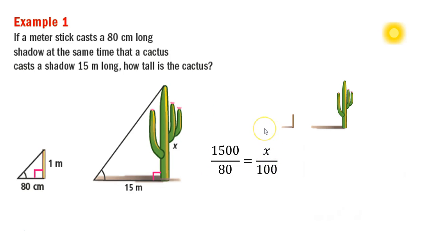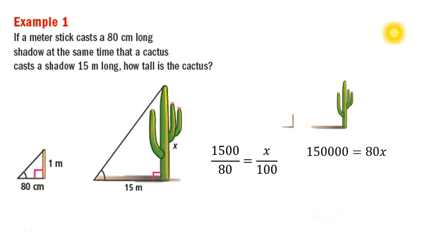So to solve this proportion, there are a whole bunch of ways we can do this. You can find out what you multiply 80 by to get to 100 and do the same thing to 1500. I'm going to use cross multiplication, the means-extremes property. You've probably heard many different names for that. What this says is that I get 150,000 has to be equal to 80x. Where do I get this from? 1500 times 100 is 150,000.